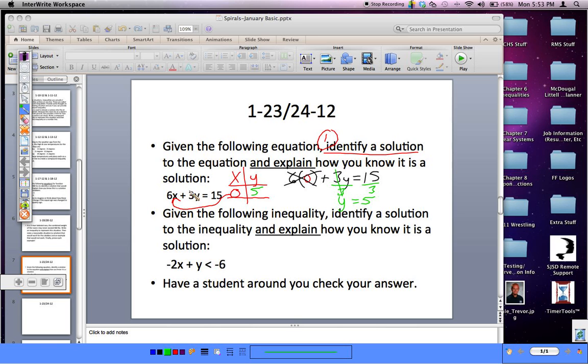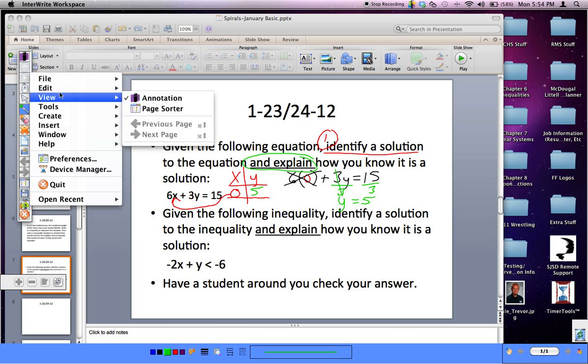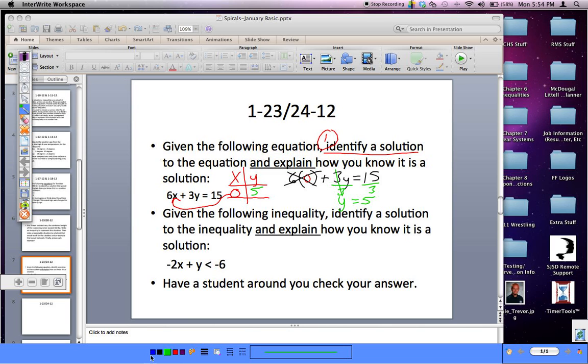Now if y is 5, that is only true when x is 0. So if I substituted 0 in for x and 5 in for y, this situation would turn out to be true. And that is the type of explanation you need to have. In fact, let me go ahead and undo that and I'll explain that using the blue pen. So this is what you should write on your spiral review. I have this point (0, 5), x valued at 0, y valued at 5.